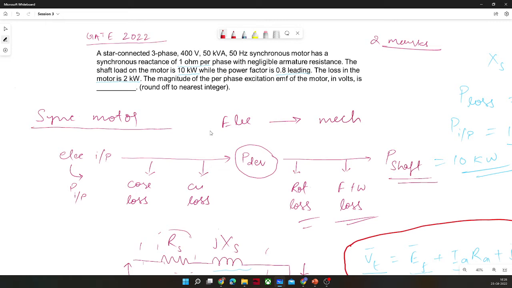So that's why we directly jumped from the shaft load to input load. Otherwise, we would have stopped at the developed level and calculated EF directly from there. In the power equation, if you can see, there are terms EF, VT, delta, and theta.